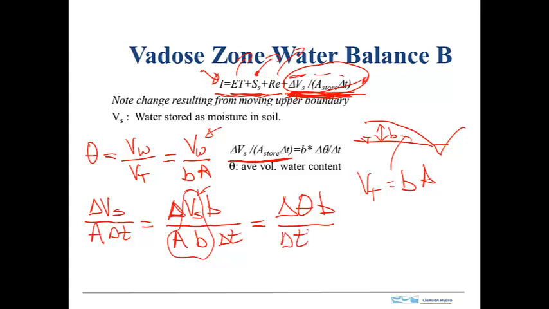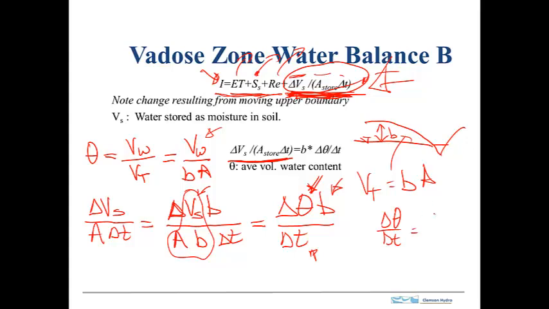Okay, so this is pretty cool because now we've taken it from this abstract thing up here to something that I think we can get our hands on, because water content, we can measure that, and the thickness of the vadose zone, we can measure that, and time, what this means now is delta water content per time.